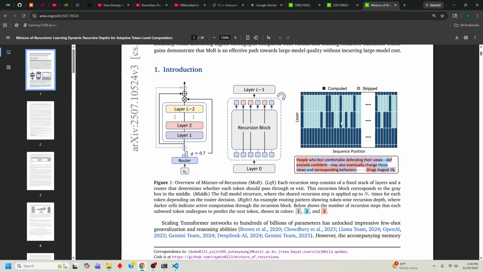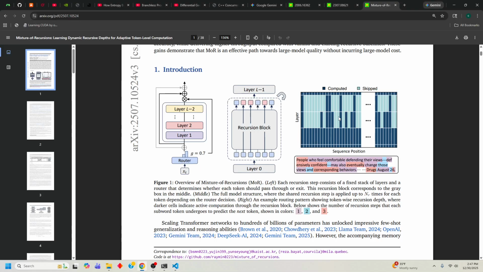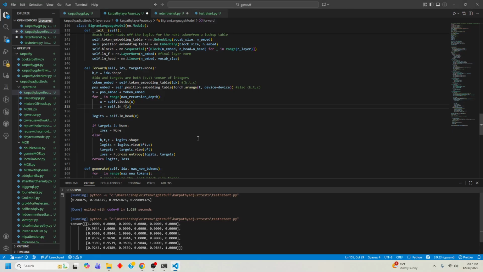Only some go through the second recursion. And then only some of the second recursion go into the third recursion. It just filters out ones that don't need extra processing as it goes through. I'm still working on figuring that part out. But yeah, that is those two. This one saves a bunch of memory. It would be much faster if you use the dynamic router, which hopefully I'll put in a video once I get that figured out better.